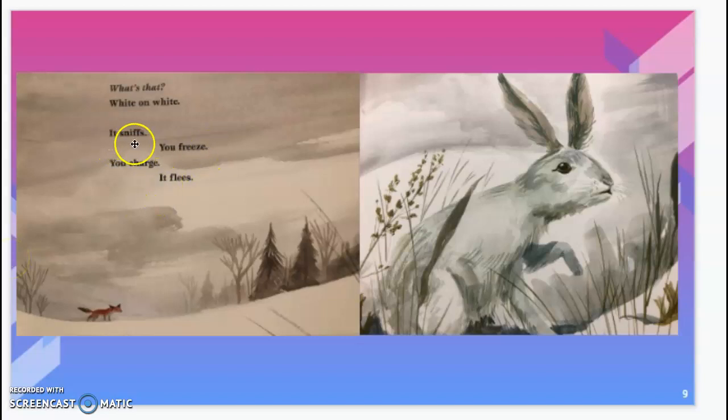Right here it sniffs and it freezes and then it charges after it, and that's when it flees. To flee means to run away from the fox. See how the words and the pictures work together to help you understand what is happening in the text?